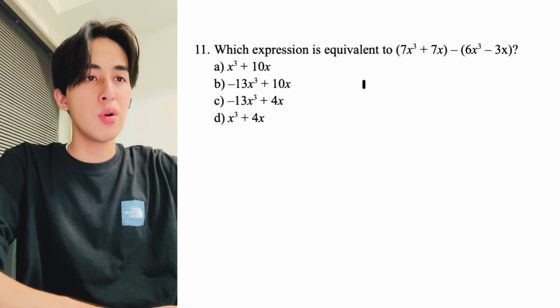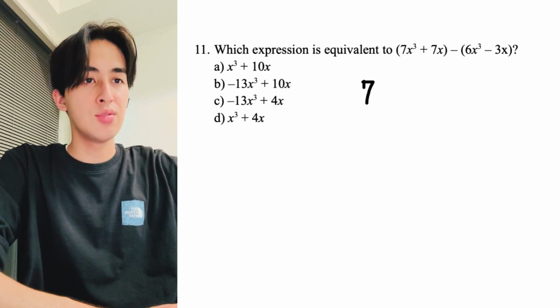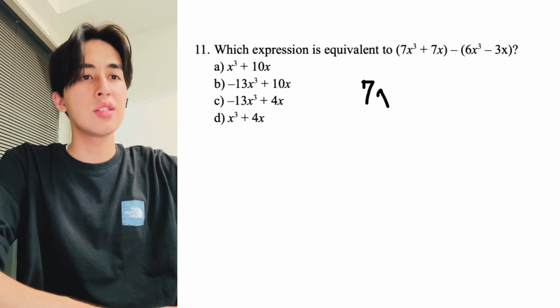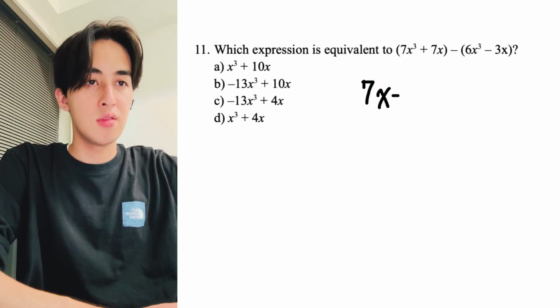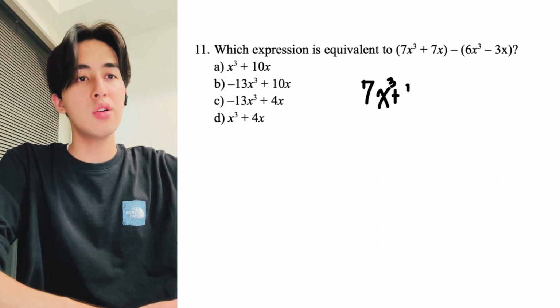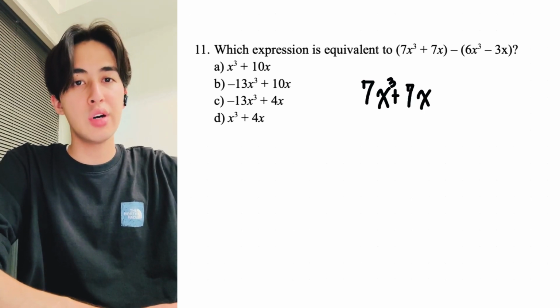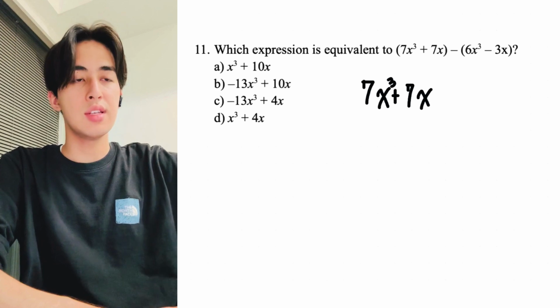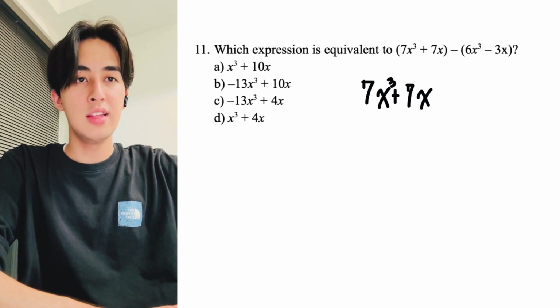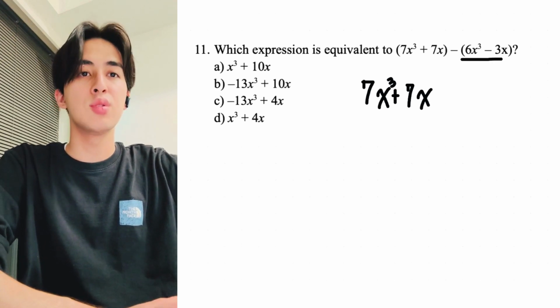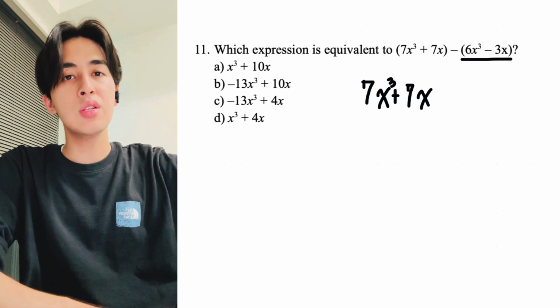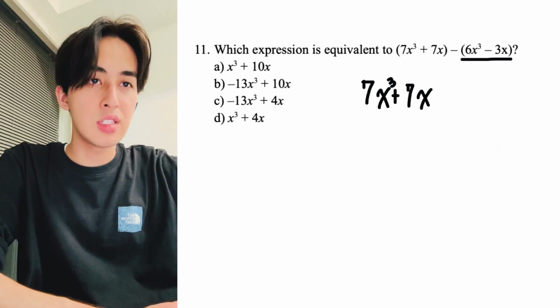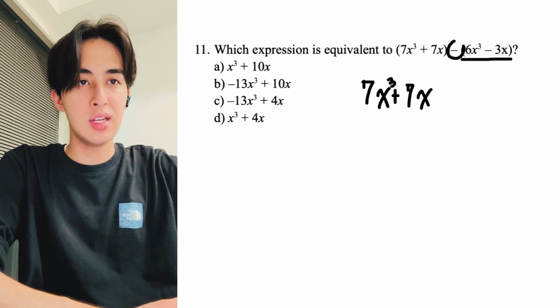So for the first part of the expression, 7x cubed plus 7x, we can just simply bring that down. That part does not change at all. What changes is the second part, the 6x cubed minus 3x. The reason why it changes is because of this subtraction sign.